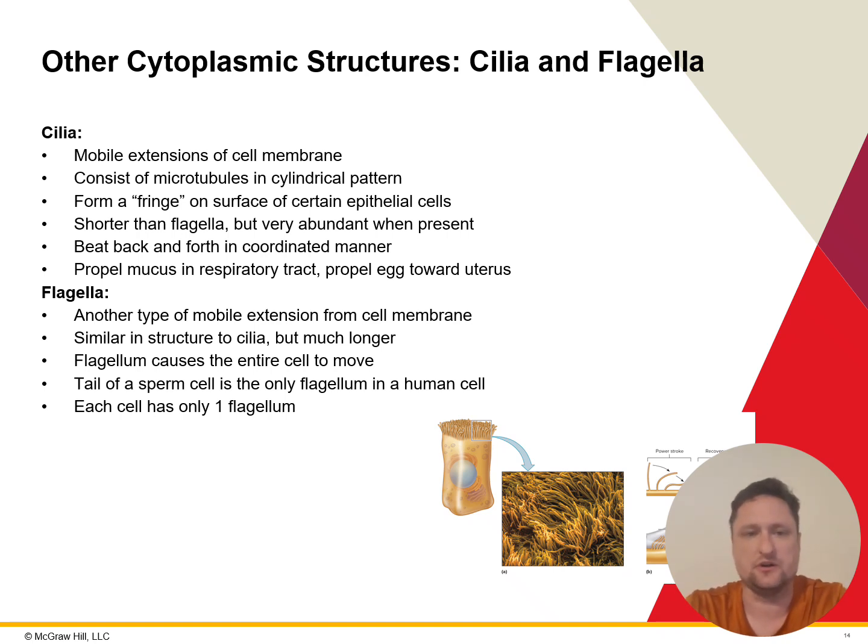Both structures are made up of microtubules arranged in a 9x2 pattern surrounded by a plasma membrane. Their coordinated motion depends on the ATP supplied by the mitochondria, demonstrating how organelles work together to support complex cellular functions.